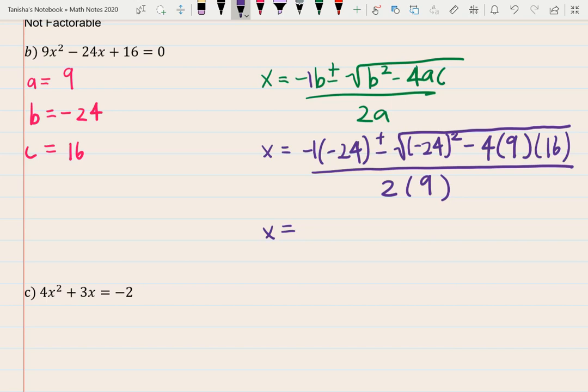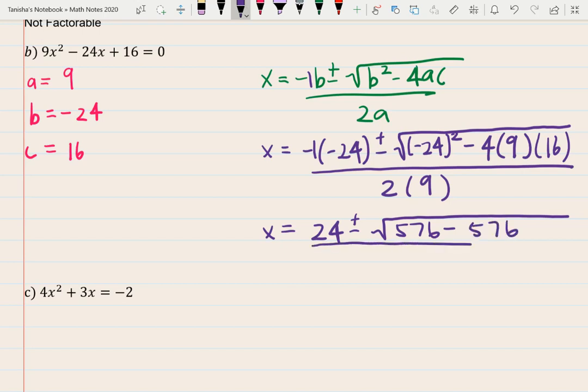So you have -1 times -24, which gives us 24, plus or minus the square root of -24 squared, which is 576, minus 4 times 9 times 16, all over 2 times 9, which is 18.